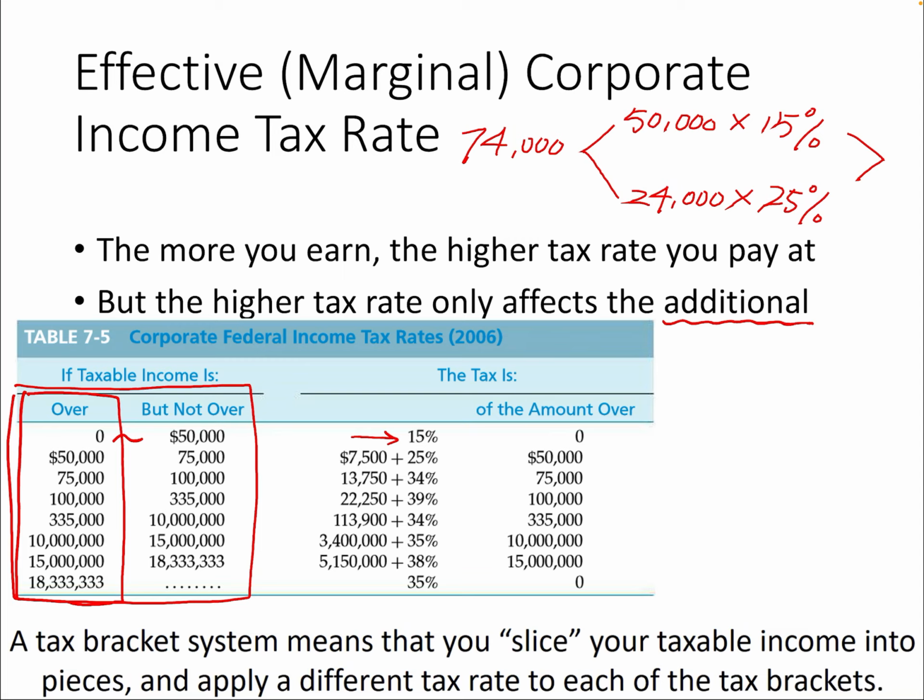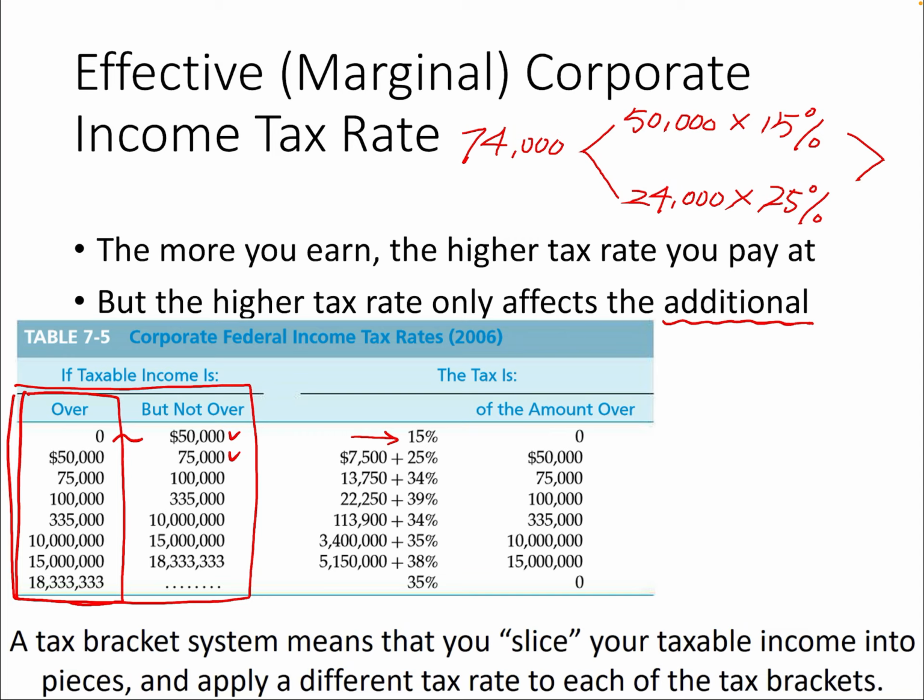But if you earn more than 50,000 but under 75,000, then you need to fill up these two brackets. So the first 50,000 you earn, you multiply by the 15% to have one part of your tax.